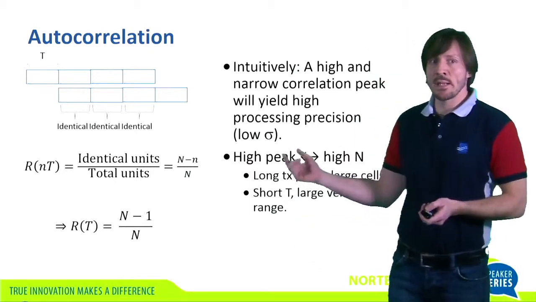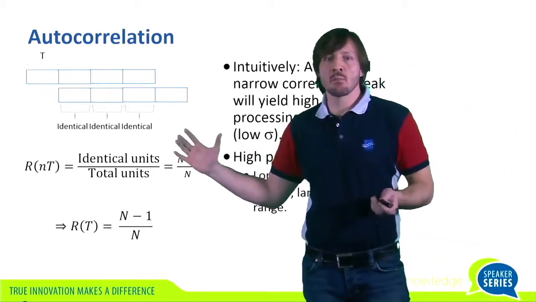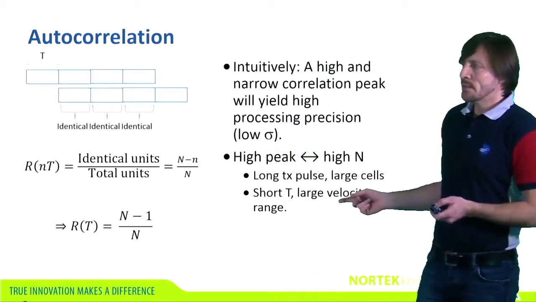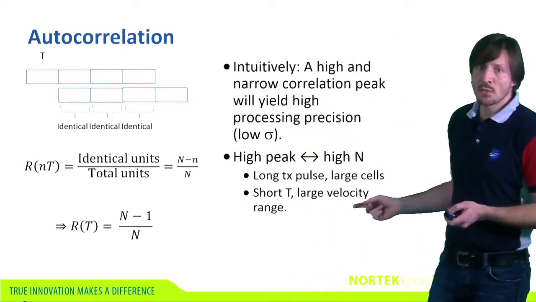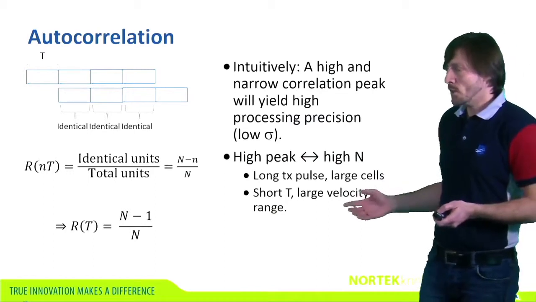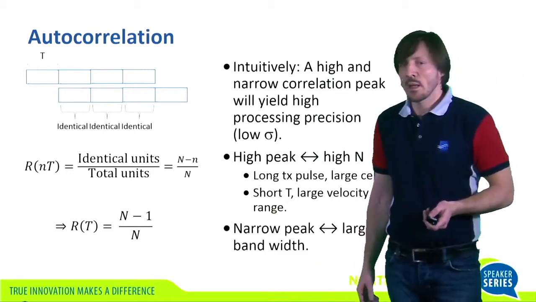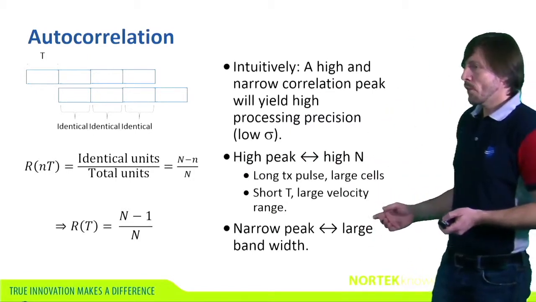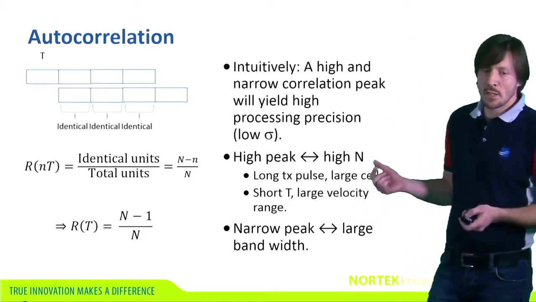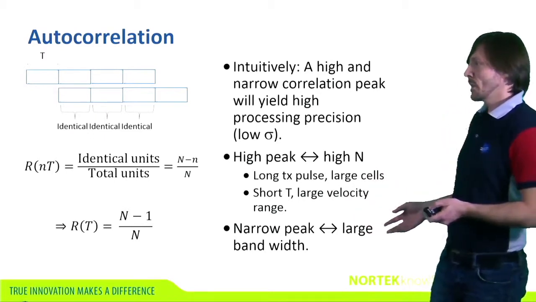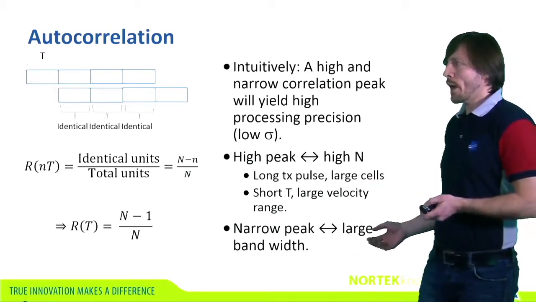The other way is to make this t shorter so that I can fit more chirps into the same cell size. That's equivalent to making the velocity range longer, and that also has some consequences that we will look at later. I also said that it would be beneficial to have this autocorrelation peak as narrow as possible. That actually is the same as having a wide bandwidth.